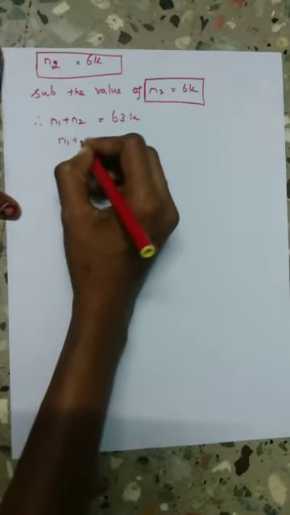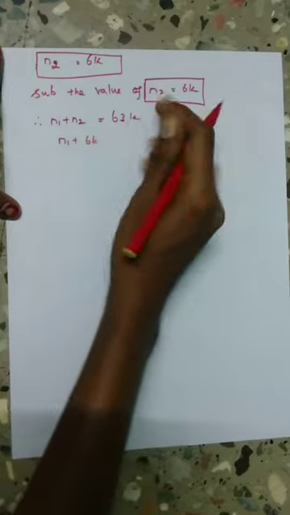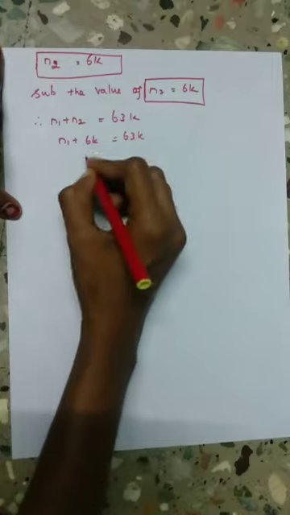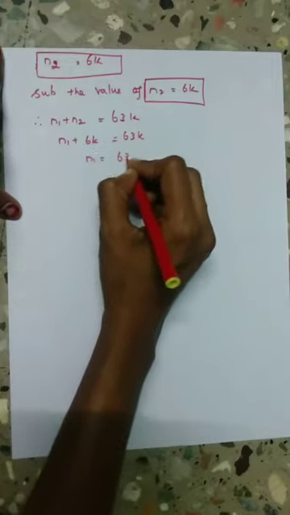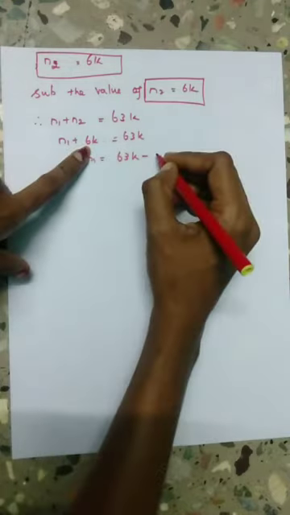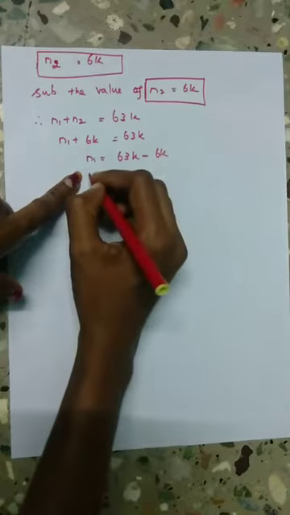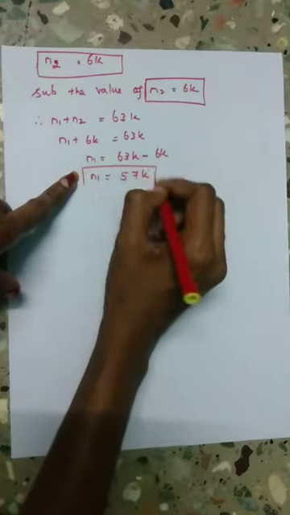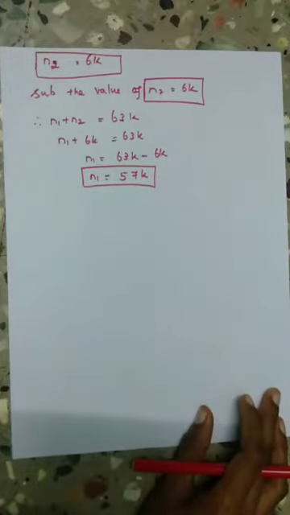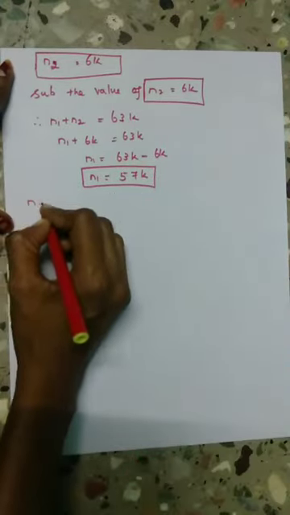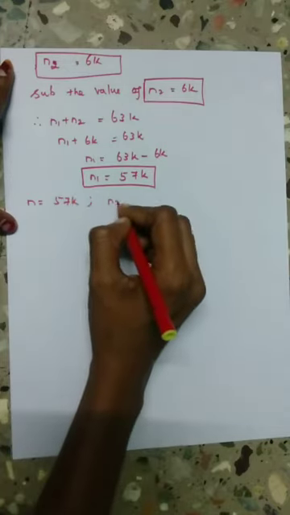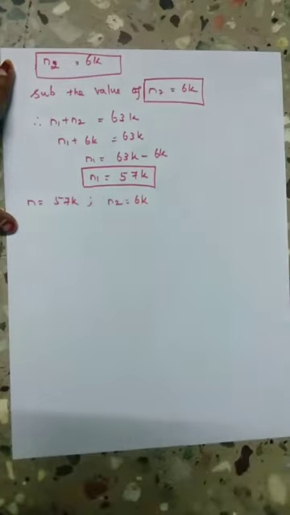So N1 plus 6K, the value of N2 is 6K only, is 63K. So N1 is equal to 63K minus 6K. So N1 is 57K and N2 is 6K.